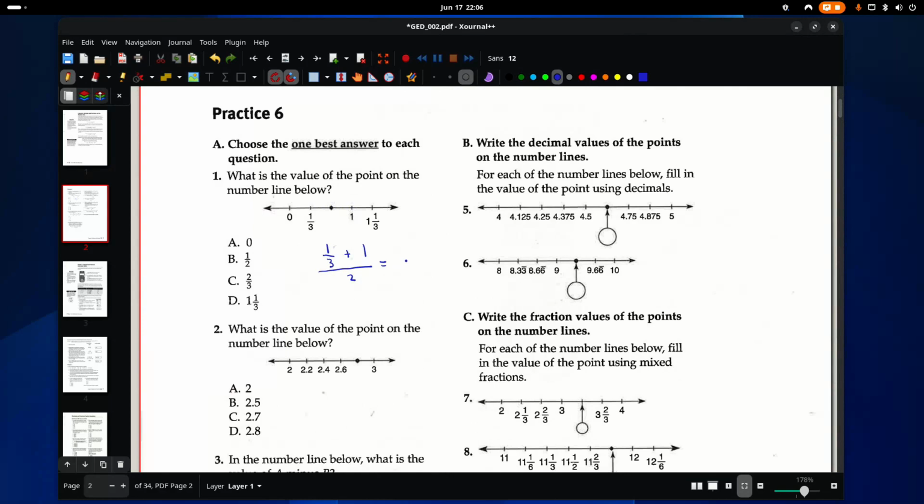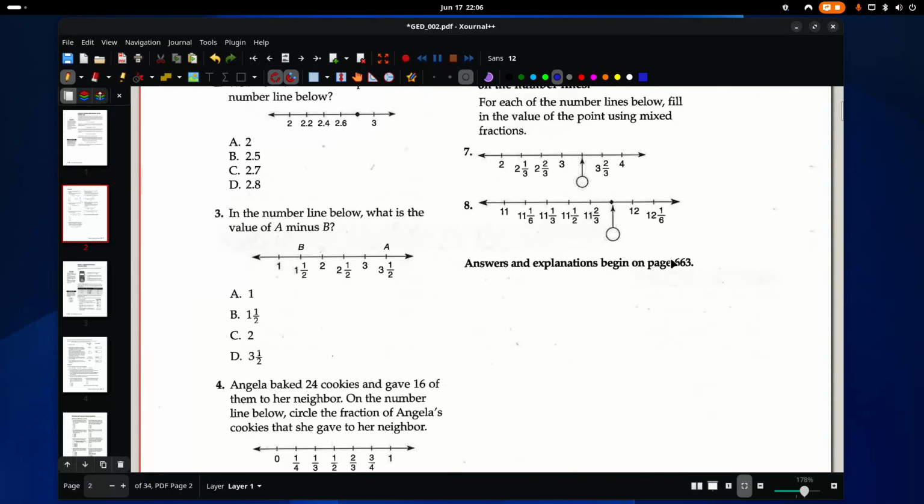That gives us 3 over 3 plus 1 over 3, which is 4 over 3 over 2, which is 4 over 6, which is the same as 2 over 3. And so our answer is C there for that one.